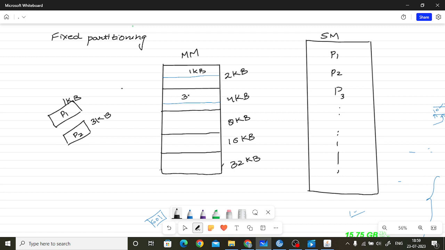So the 3 KB process will occupy this partition.